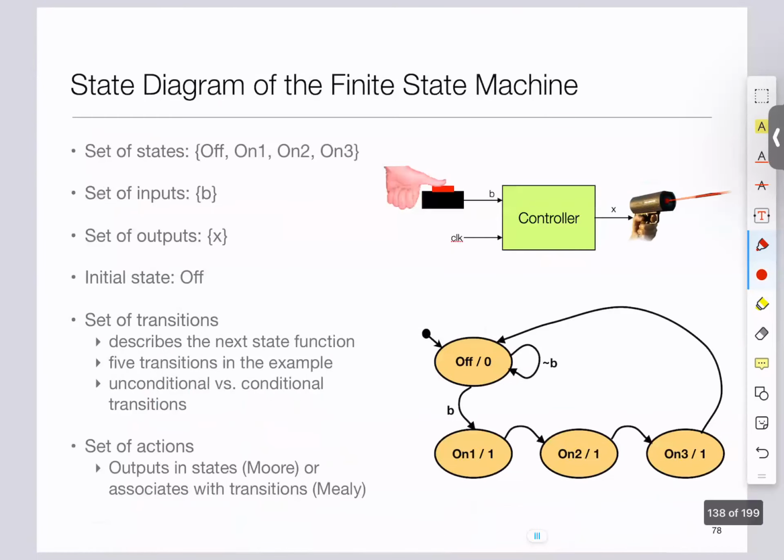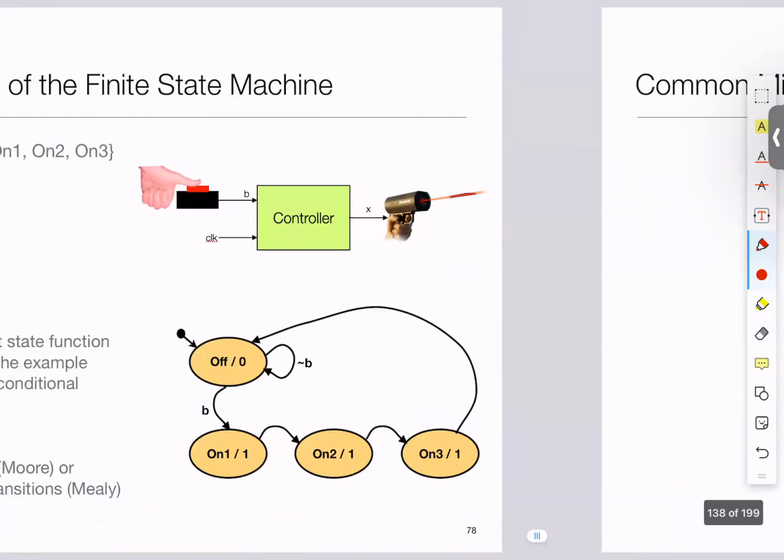Okay, so if I look at the state machine, I have 4 states. I have input B, I have output X, and the initial state is off. I have a bunch of transitions and actions, and in this particular case, it's a Moore machine.